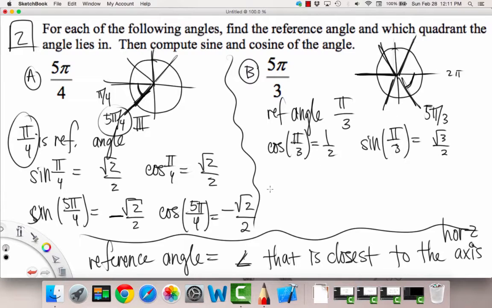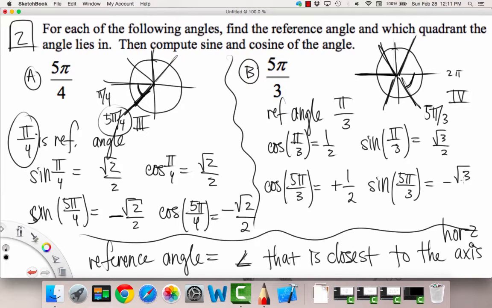Now for our angle, cosine of 5 pi over 3, it's just going to differ by signs. We're in the 4th quadrant, which means that x, or cosine, is positive, so we have this positive 1/2. But our sine, our y value, is going to be negative, so we just stick a negative sign in front of that one.